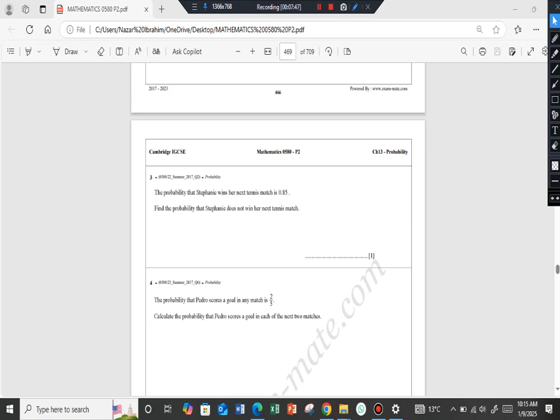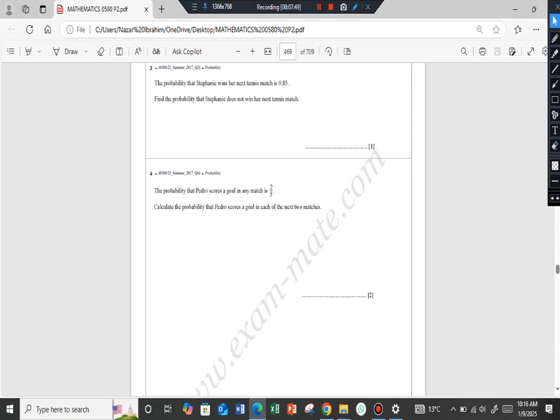Question number 4. The probability that Pedro scores a goal in any match is 2.5 (2 upon 5). Calculate the probability that Pedro scores a goal in each of the next 2 matches. In any match the probability is 2 upon 5, so in the next 2 matches it is 2 upon 5 and 2 upon 5.